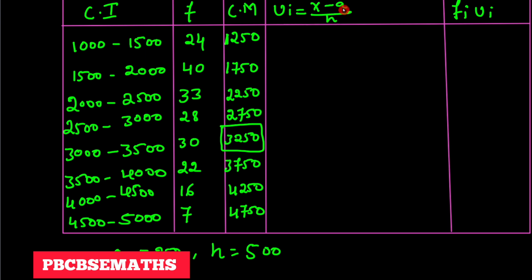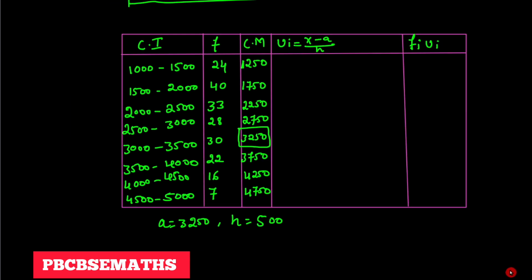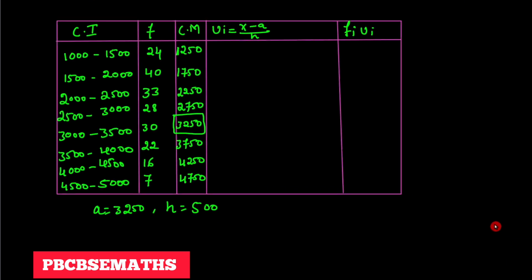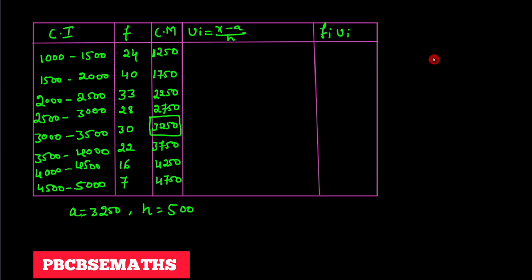Let's find out this deviation. So at first we can write that deviation as 1250 minus that a value 3250, divided by that class width 500.